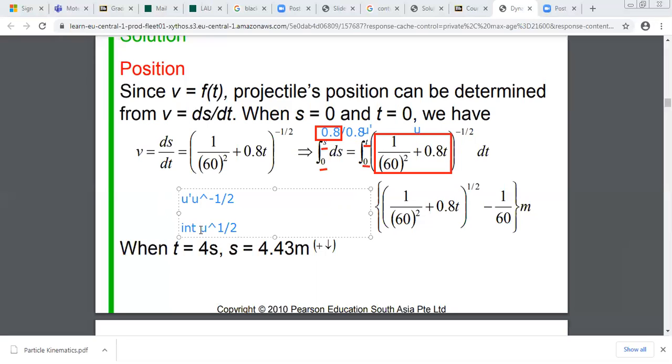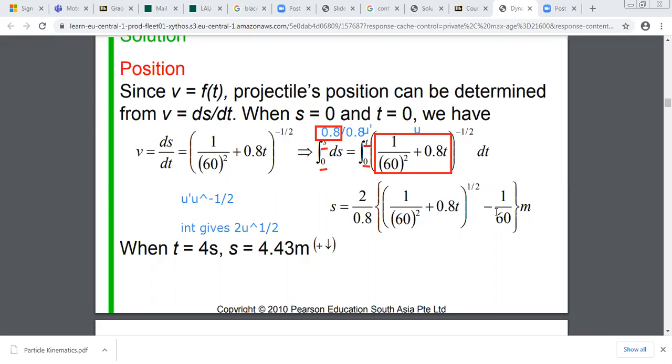So the integration gives 2 times u to the power 1 over 2. And don't forget to divide by 0.8, because you still have over 0.8. This is why you get 2 over 0.8 times your function u to the power 1 over 2. And then you replace boundaries, for t equals 0 and for t equal t. For t equal t, you get it as it is.